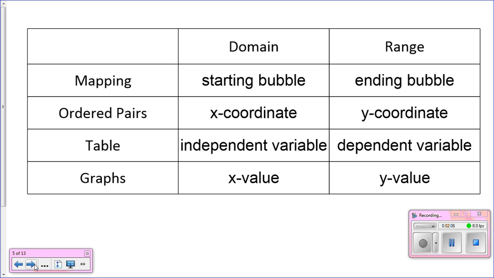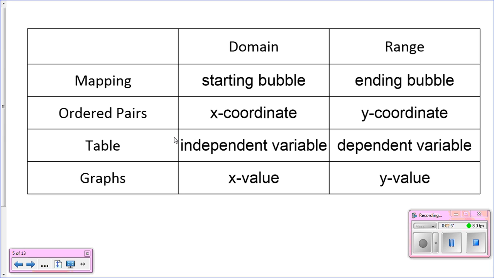So here's a little chart, just how to set it up. All the different representations, this is where you're going to find your domain and your range. So in mapping, your domain is always going to be in that first bubble on the left, your x values. The range will always be in the ending bubble, so your right side. Ordered pairs, the domains are going to be your x coordinates, your range will be your y coordinates.